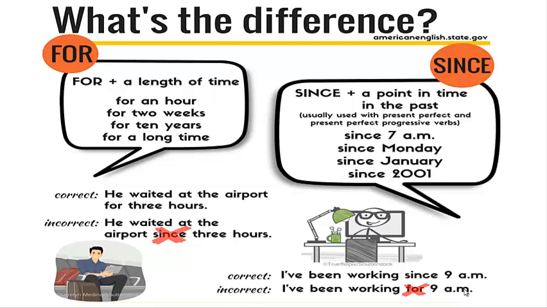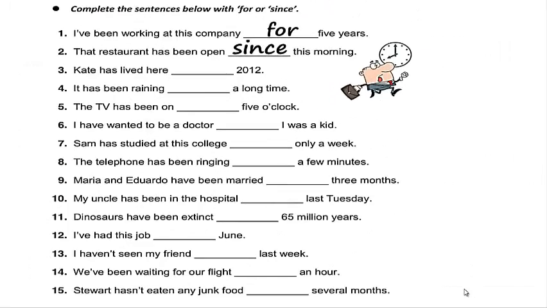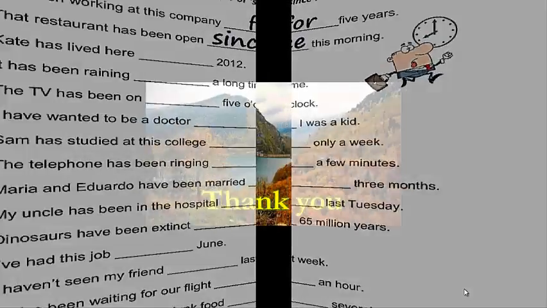And since plus a point in time in the past: since 7 a.m., since Monday, since January, since 2001. We say I have been working since 9 a.m. I don't say I have been working for 9 a.m. Complete the sentences below with for or since.